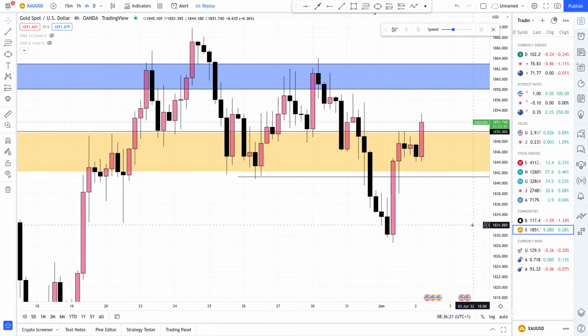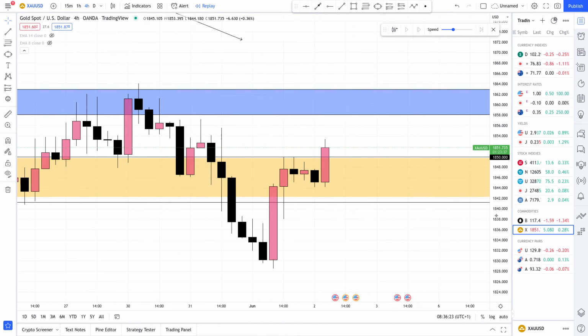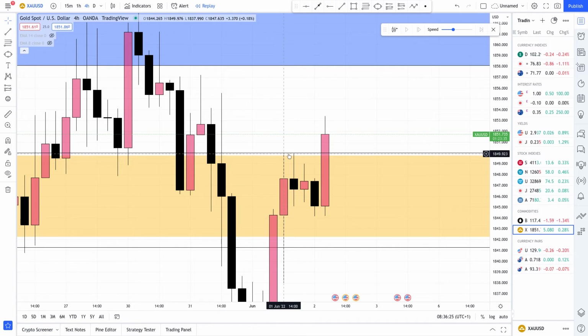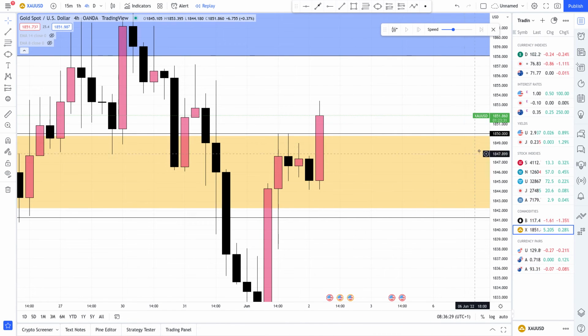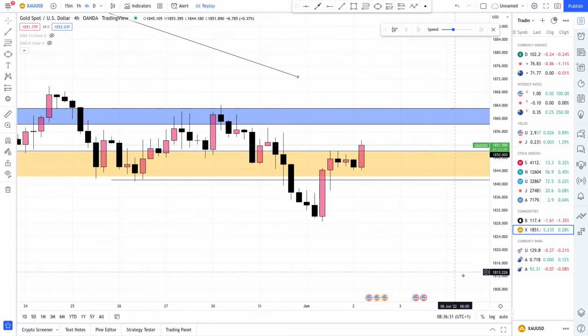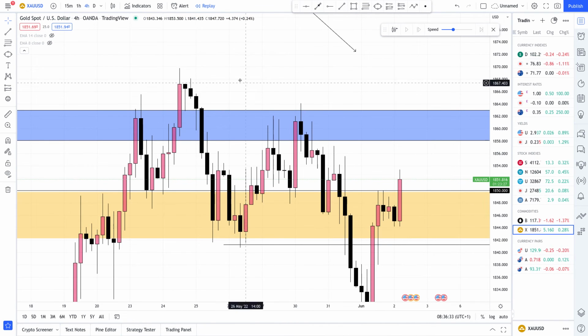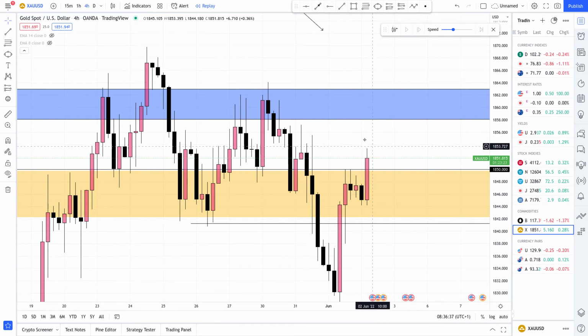If we go down here, you can see that we had exact wicks going right up to the exact level, pushing it down because there's quite a lot of selling pressure at this point. At the moment, we can still see that we've got a bearish structure forming, as this is still lower than this high.